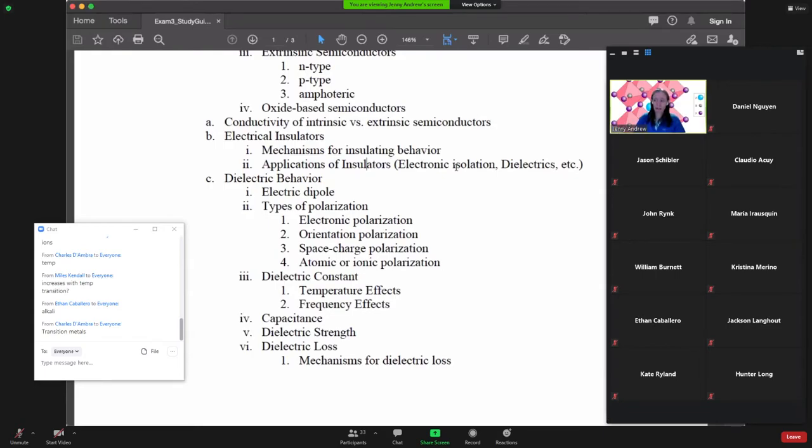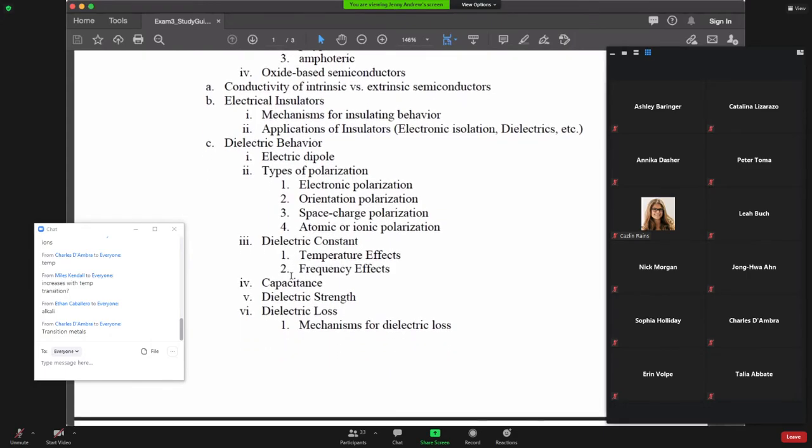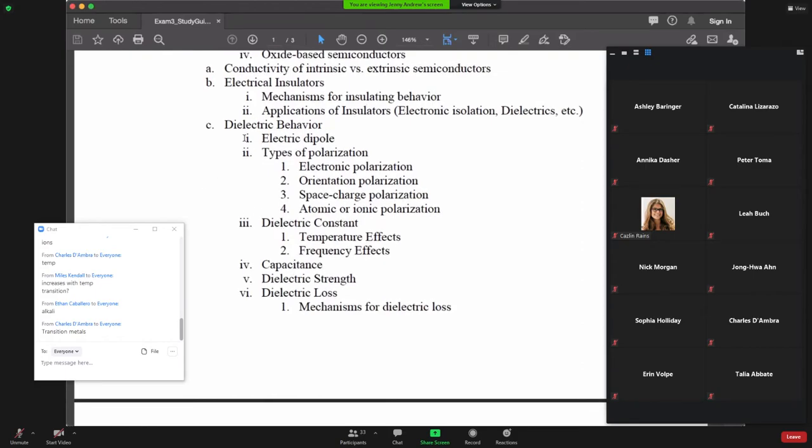In electronic isolation, you could think about, say, the wrapping around a wire. We could also have dielectrics, our high dielectric constant type materials that are useful for things like capacitor applications.